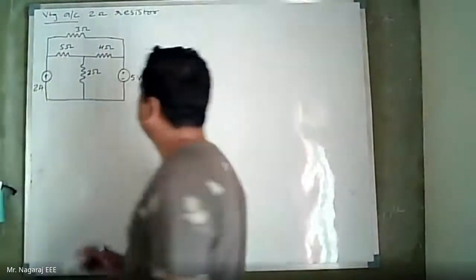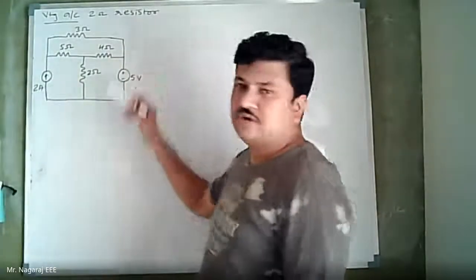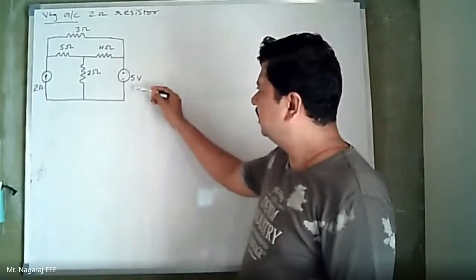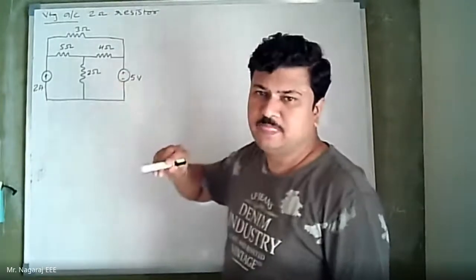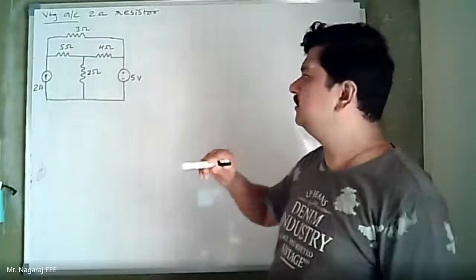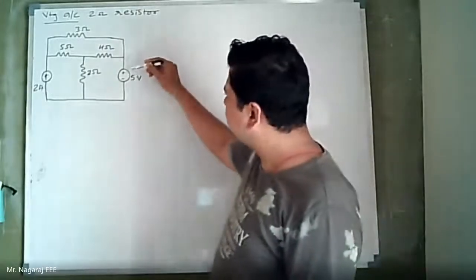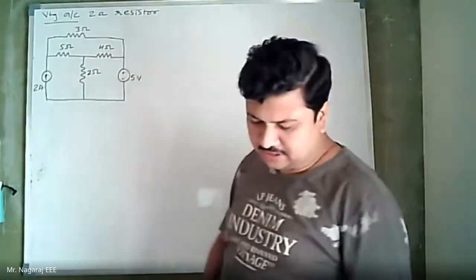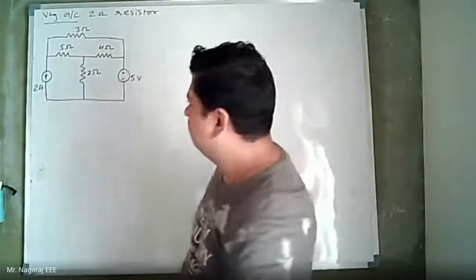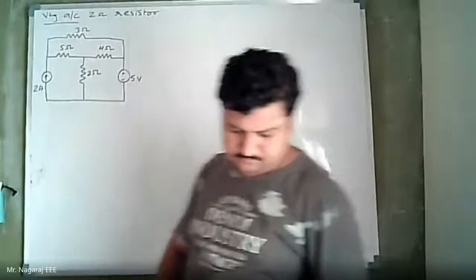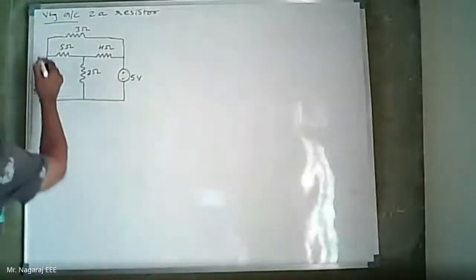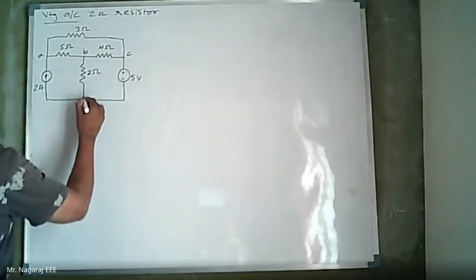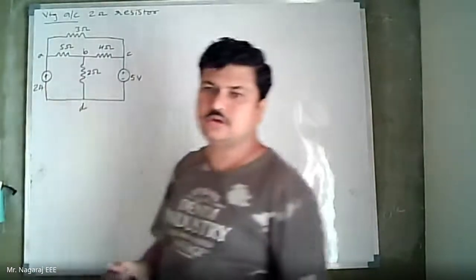Now, here I have a voltage source. This voltage source has to be shifted beyond the node. First let me name the nodes A, B, C and D. It will be easy for us to talk.